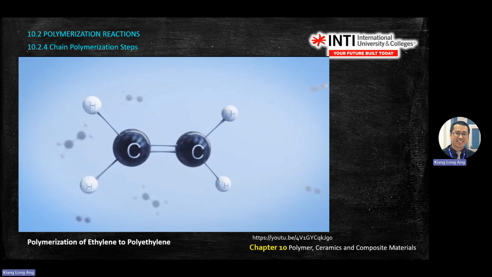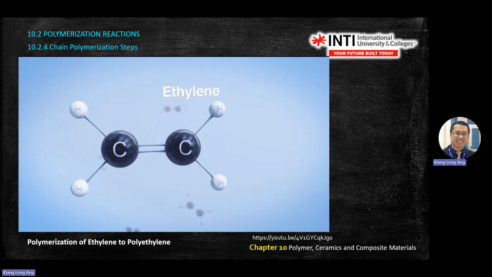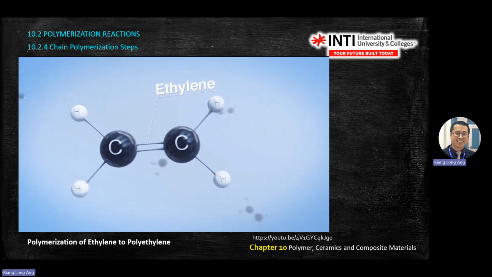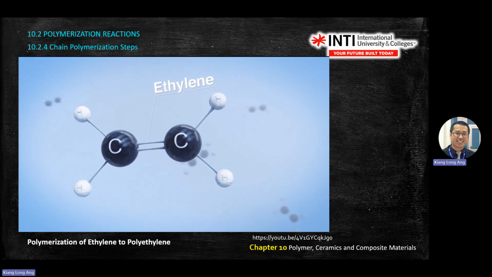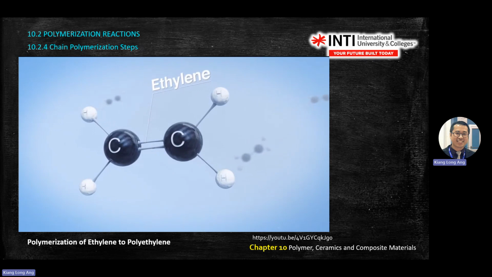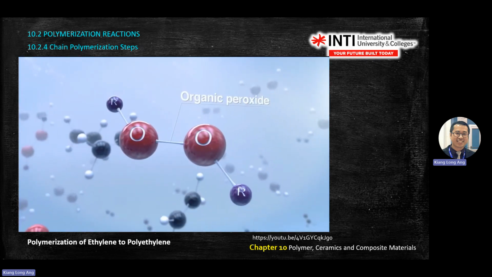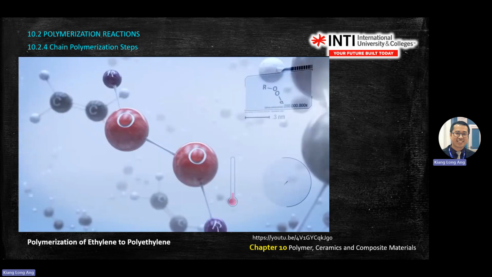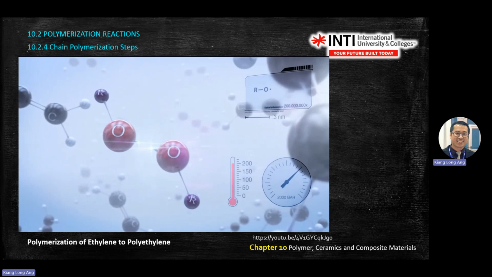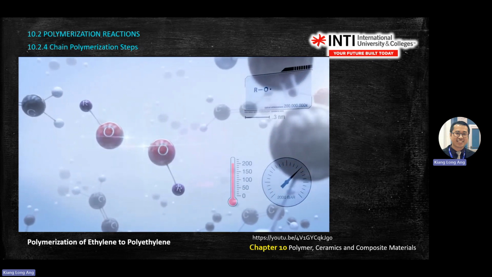The raw material used in the process is ethylene, which is the monomer. In this case, the double bond breaks and becomes a single bond. Monomer means one part, and polymer means many parts. So polyethylene basically means a structure of many ethylene parts. But how do we get from one part to many parts? It takes 3 steps. The first step in the polymerization process is the initiation. When heated, the organic peroxide breaks apart into 2 radicals.